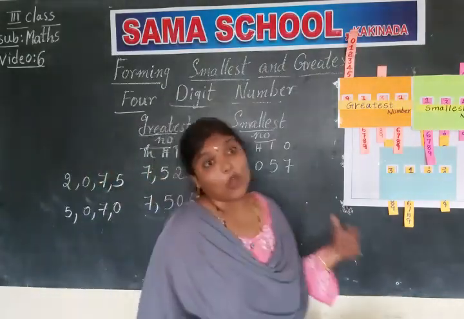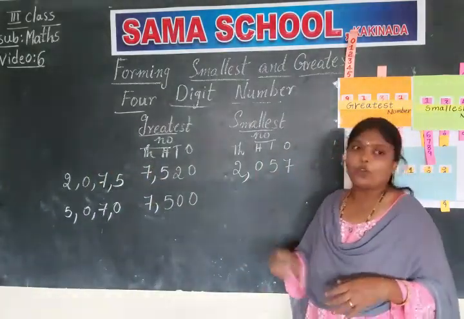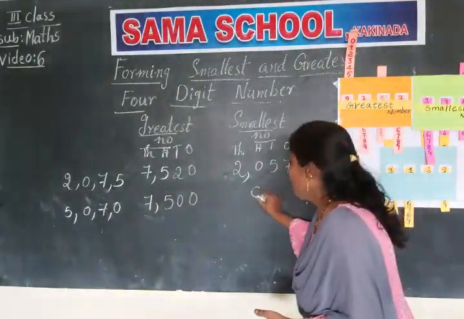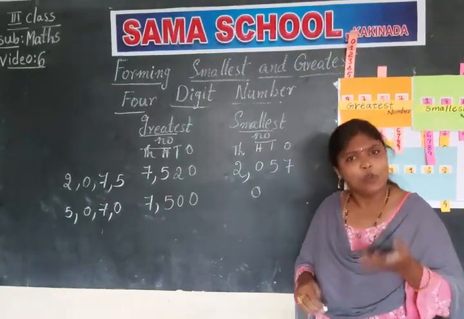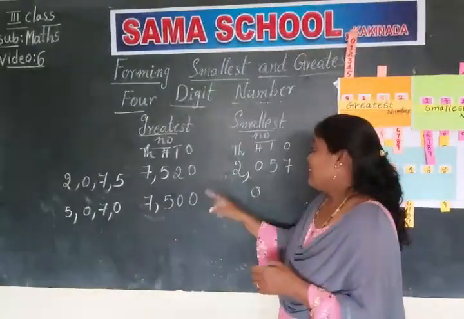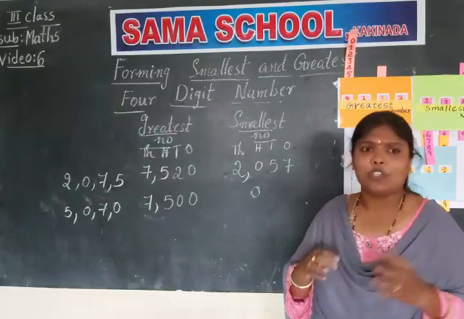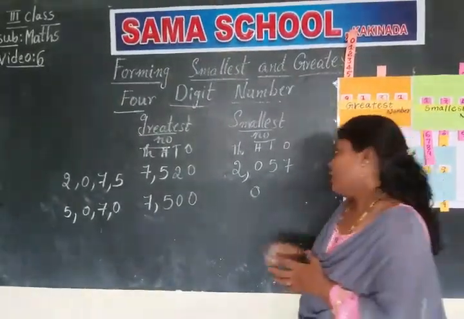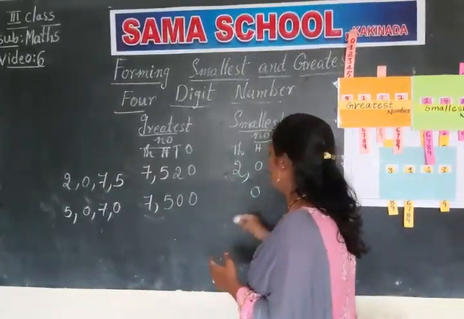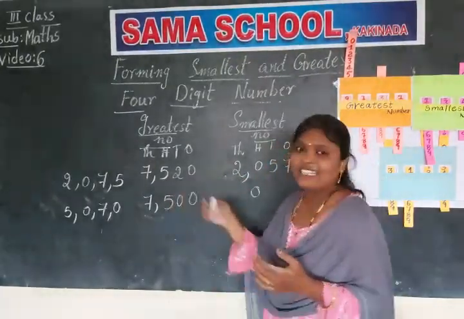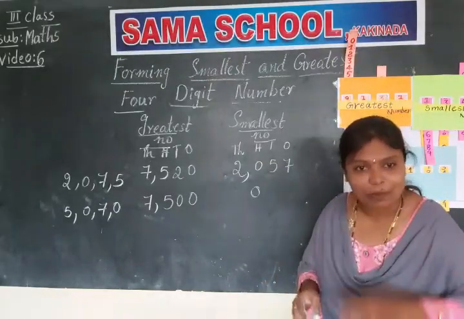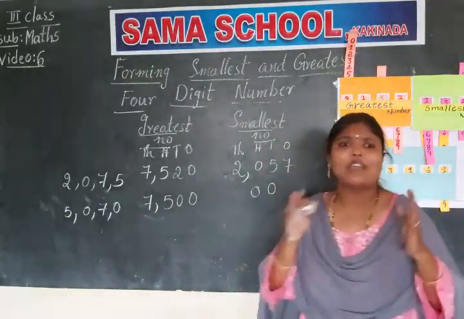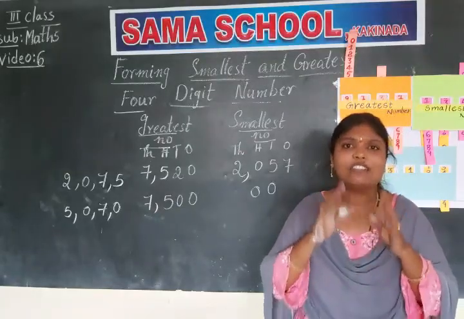But to write the smallest number, what do you have to do? The 0, we will place it in hundreds place as we know. Then what about the other 0? We should not place that in thousands place, right? So the next smallest digit is 0. So write it in tens place. We have 2 zeros. You have to place those zeros in the middle.